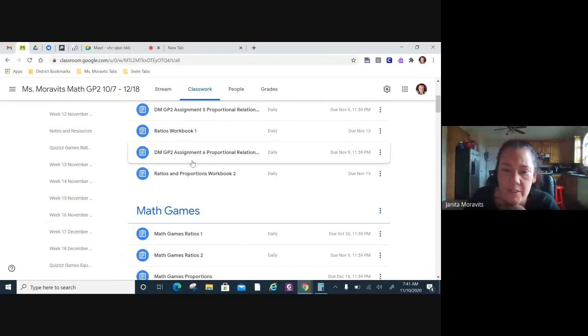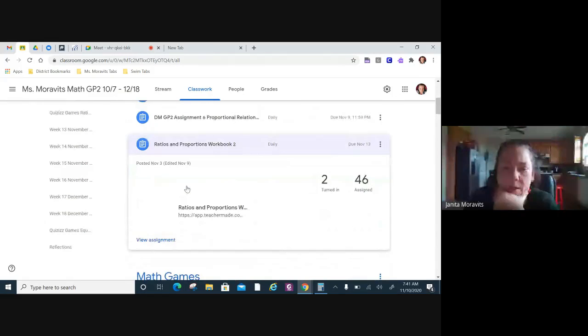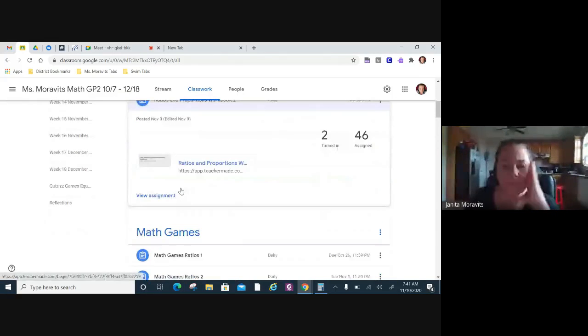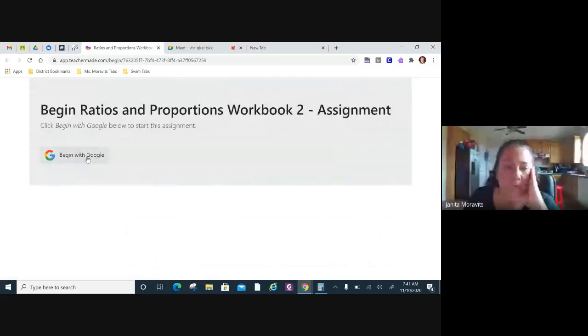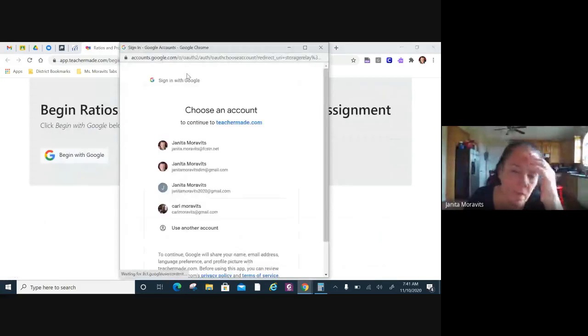I'm going to go back and mess with Delta Math and see if there's something I can do to fix it. So if you don't get this part done, don't worry about it. This ratio and proportions workbook 2 is where we're going to pick up. So we're going to take a look at this assignment. Remember that you log in with your school address.